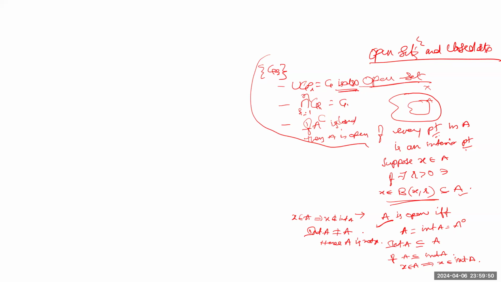And again, you can take a specific point x belonging to A such that for all r greater than 0, the open ball B(x, r) contains a point y which is not a member of A. Of course, that point depends on the value of the radius r.